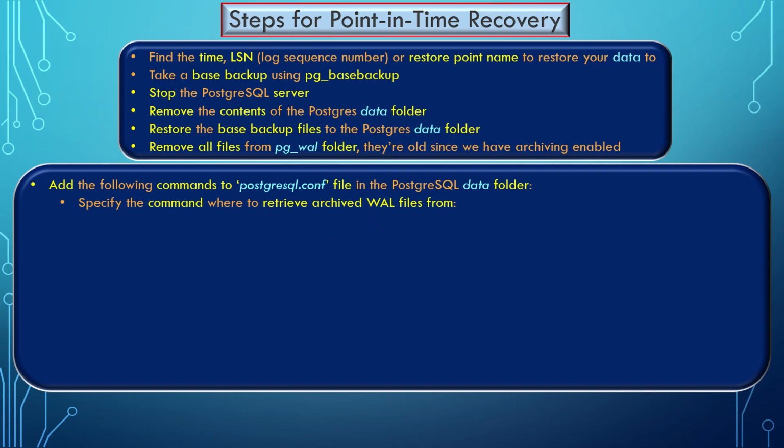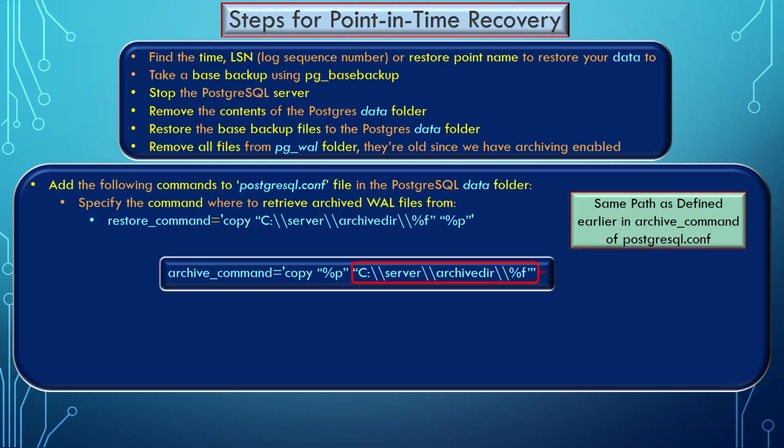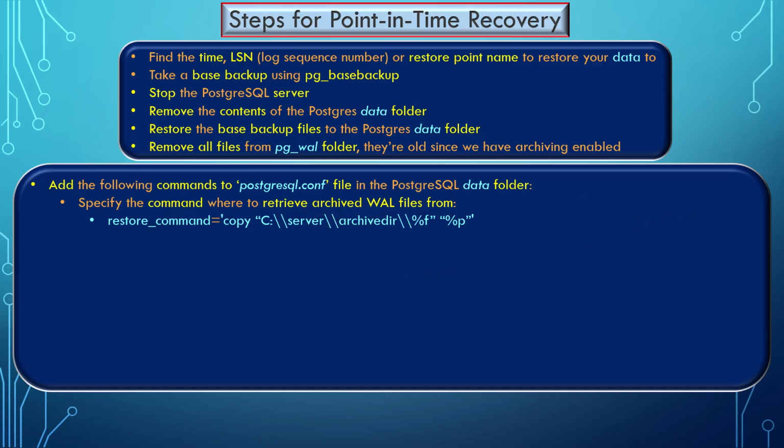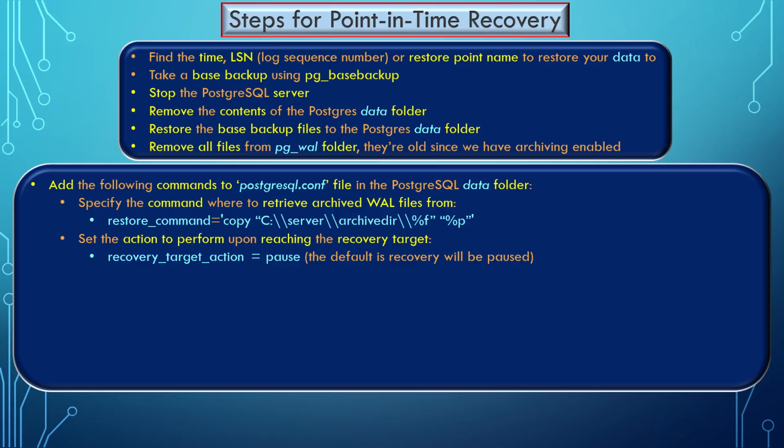Next, specify the command where to retrieve archived WAL files from using the restore_command. Note that this will be the same path that was defined earlier in archive_command of the postgresql.conf file. Next, set the action to perform upon reaching the recovery target using the recovery_target_action.